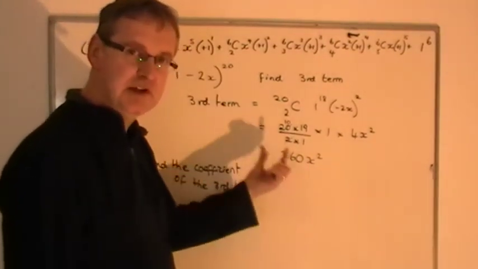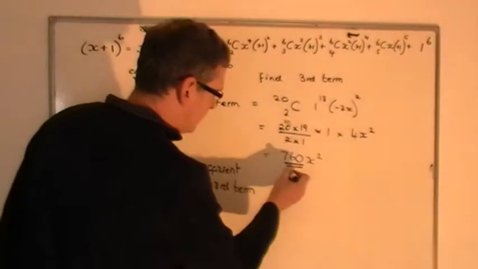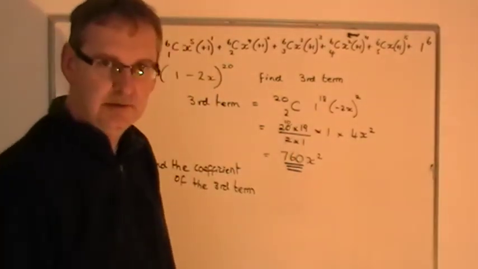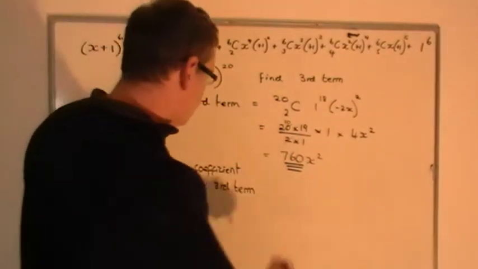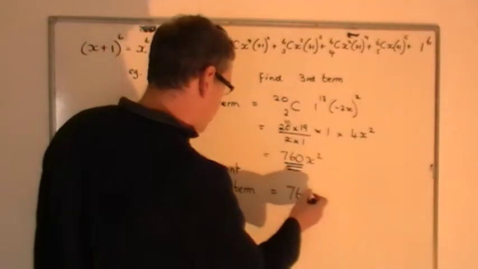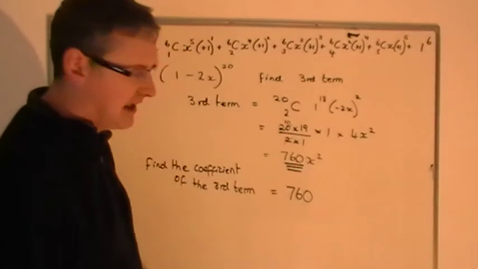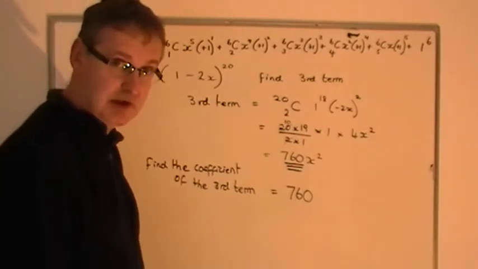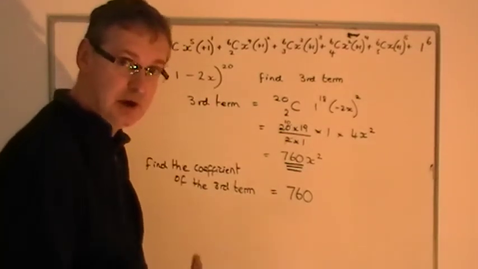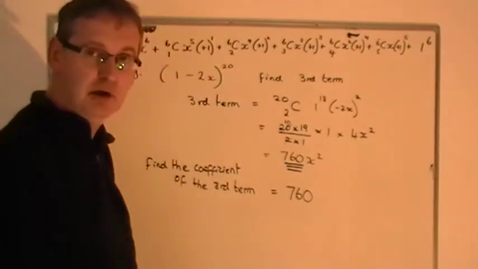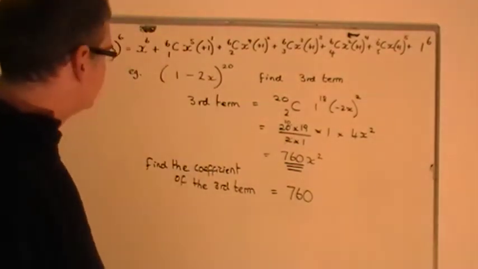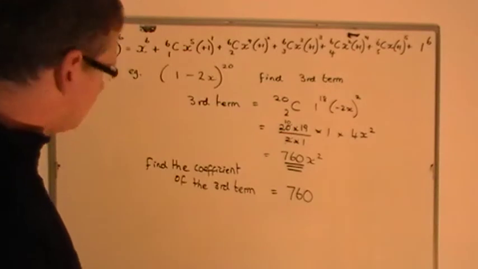All they want is the number in front of the x squared in this case. So the coefficient would be, if you needed it, 760, and you don't need the x squared. In fact, if you put the x squared down, you'd lose marks, because that is the whole term, and they only ask for the coefficient. So there you go, there's 1 minus 2x all to the power 20.